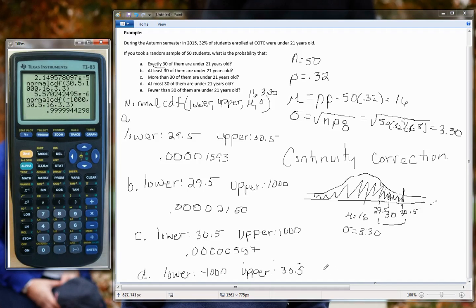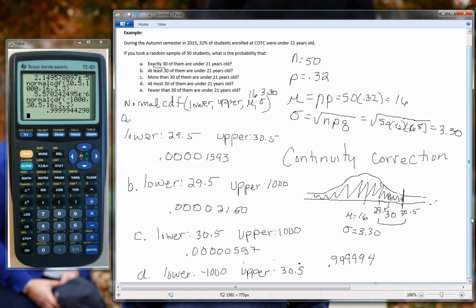Okay, so here our probability value would be 0.99, 1, 2, 3, 4, 5, and then a 4.